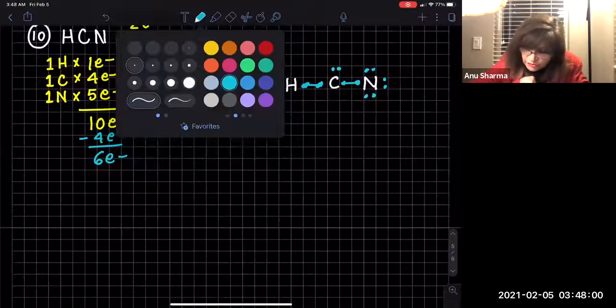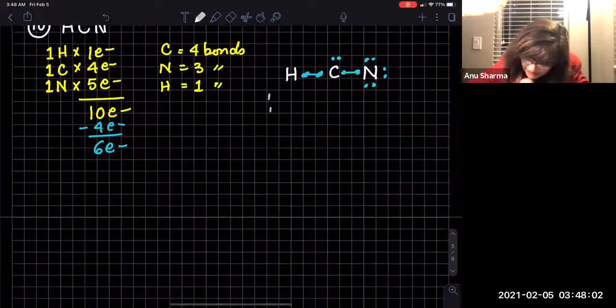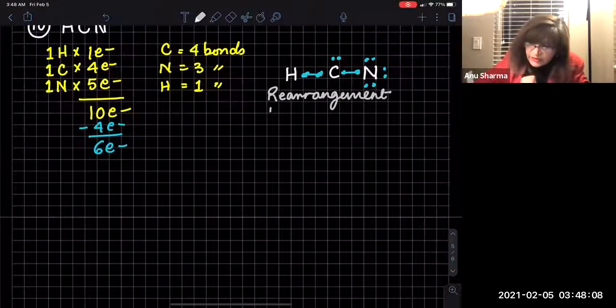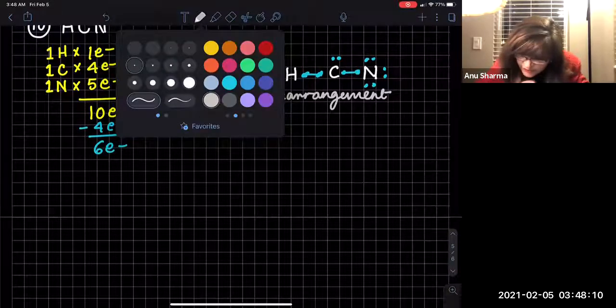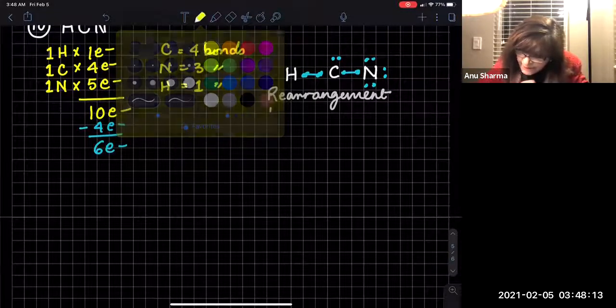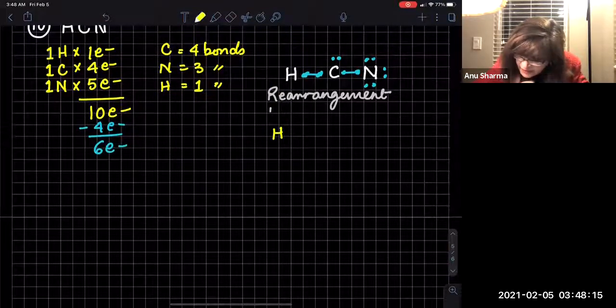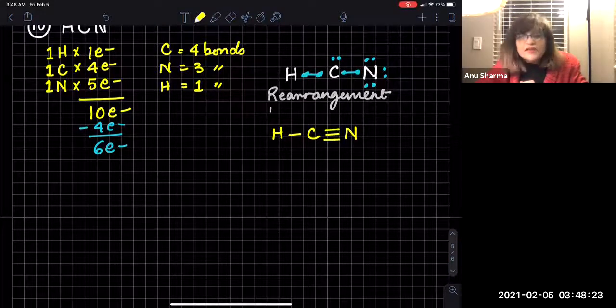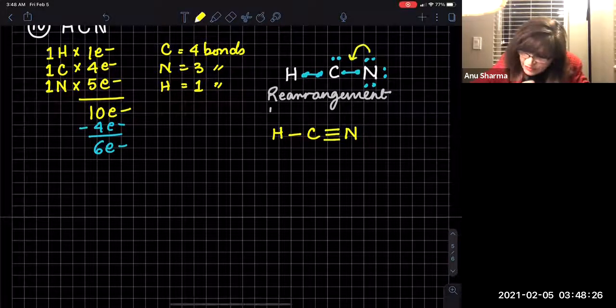Now you are going to do a rearrangement. So what do we have now? Hydrogen, carbon, nitrogen. Nitrogen wants to make 3 bonds and carbon wants to make 4 bonds. So this lone pair and this lone pair, all this rearrangement happens.